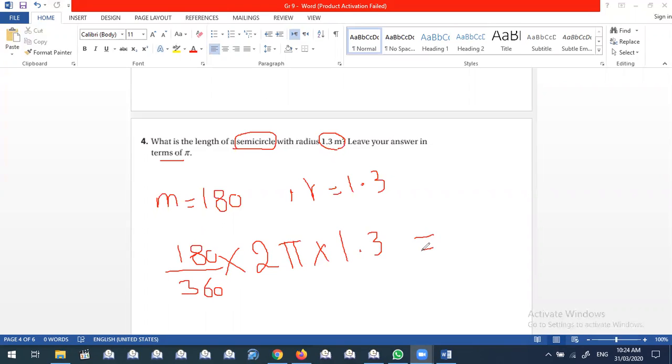So I'm going to make 180 over 360 times 2 times 1.3. The answer is 1.3, and don't forget pi, 1.3 and beside it pi. So the length of this arc is 1.3 pi.